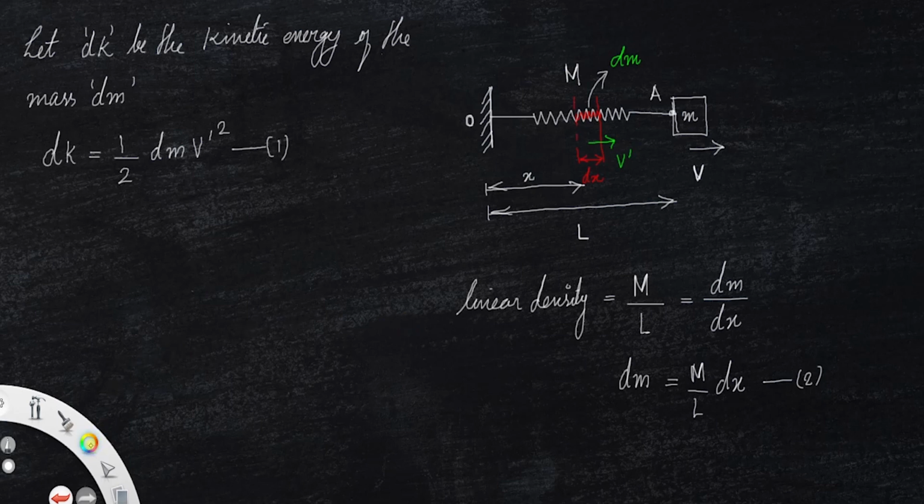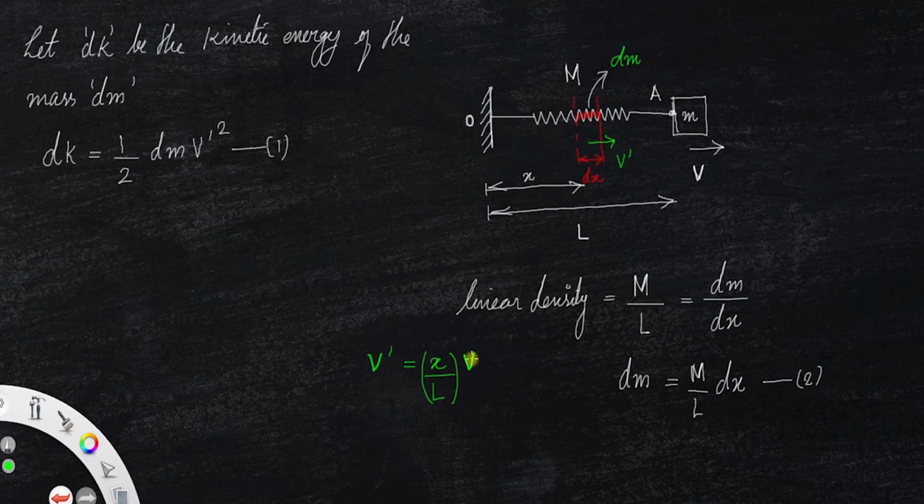Now we know the velocity at any section of this spring is directly proportional to the velocity at which the mass oscillates. Or you can say v dash is related to v, and you can write v dash is equal to x divided by L into v.